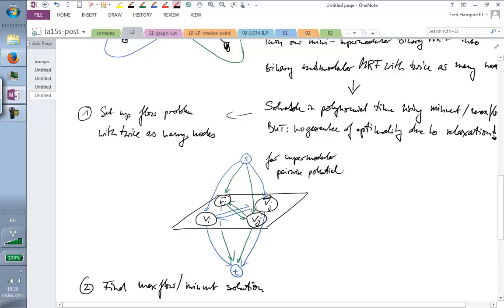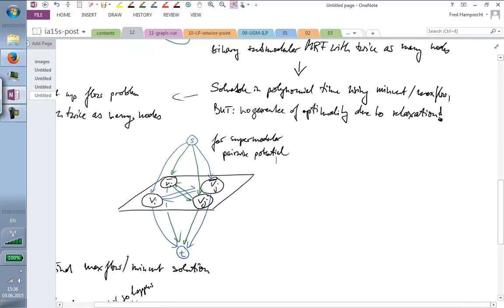I should also say what the construction looks like, because in most graphical models we have a mixture. It is quite common to have many submodular and a few supermodular potentials. So for a submodular pairwise potential, let me just draw what it looks like.